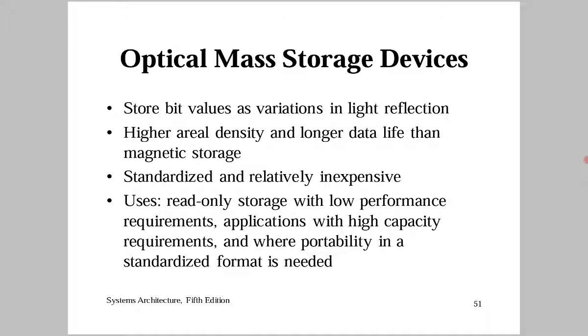And another type of optical mass storage device is the DVD. What is a DVD? DVD means digital video disc, or recordings. So these two, CDs and DVDs, are the basically used optical devices.